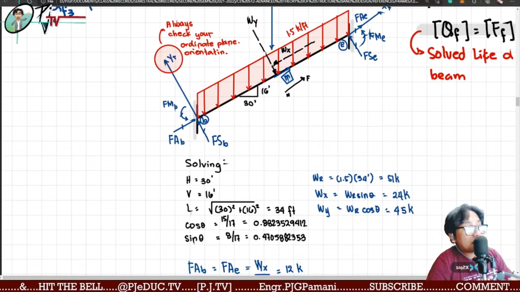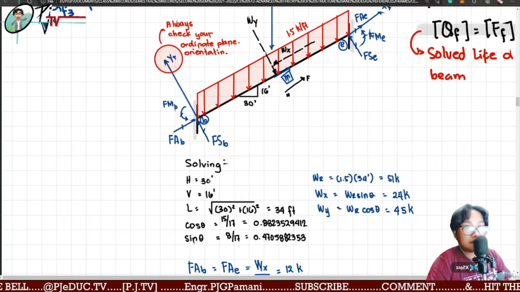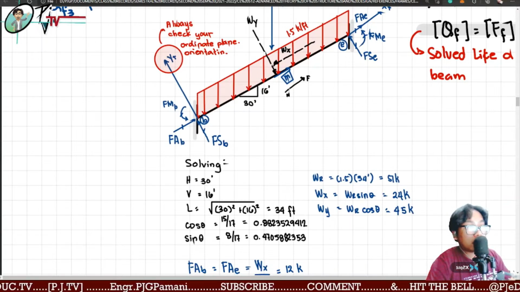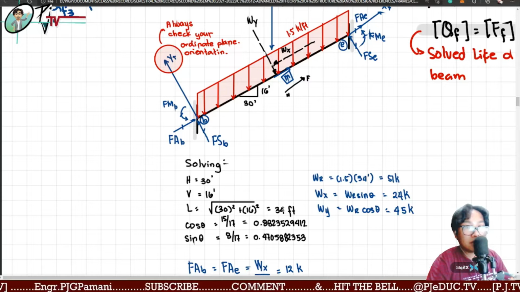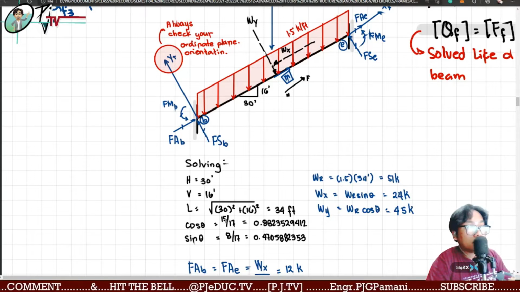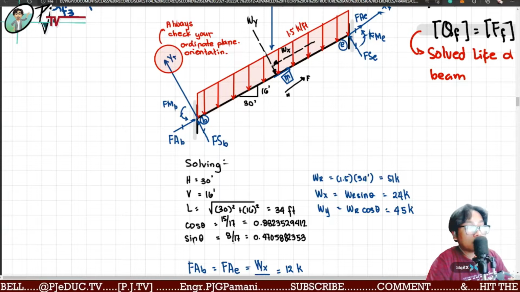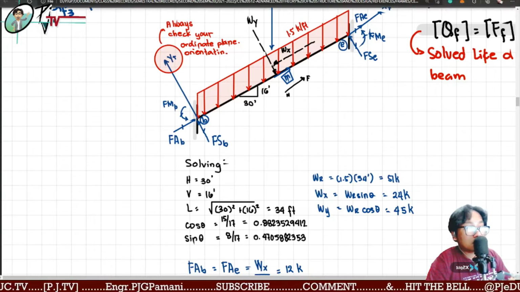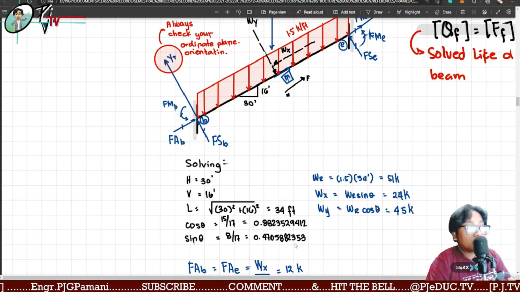So with this member, meron tayong horizontal 30 feet, vertical 16 feet, identify the length, 34 feet, by Pythagorean. Then cosine theta is 15 over 17, sine theta is 8 over 17. Na-reduce ko na yan.